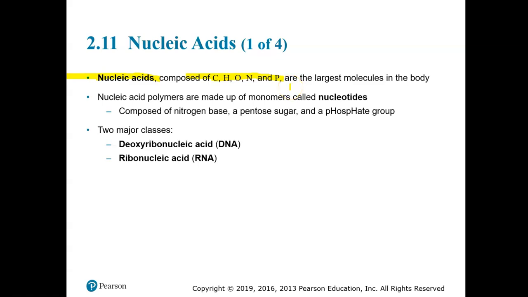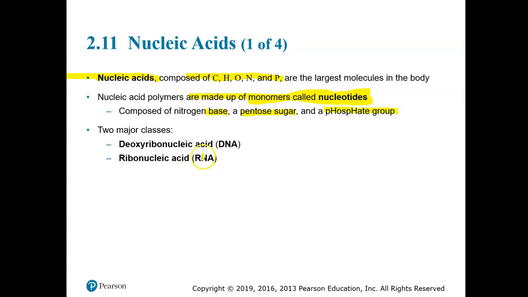Nucleic acids are the polymers. The building blocks or monomers are called nucleotides. There are billions of nucleotides in a DNA molecule. A nucleotide consists of a nitrogen base, we just call it a base, a sugar, which is a pentose sugar, and a phosphate group.